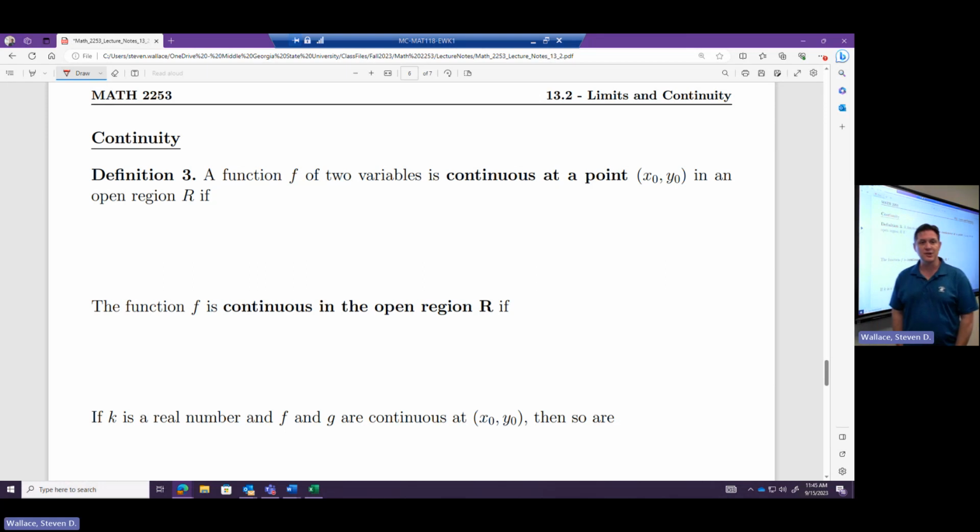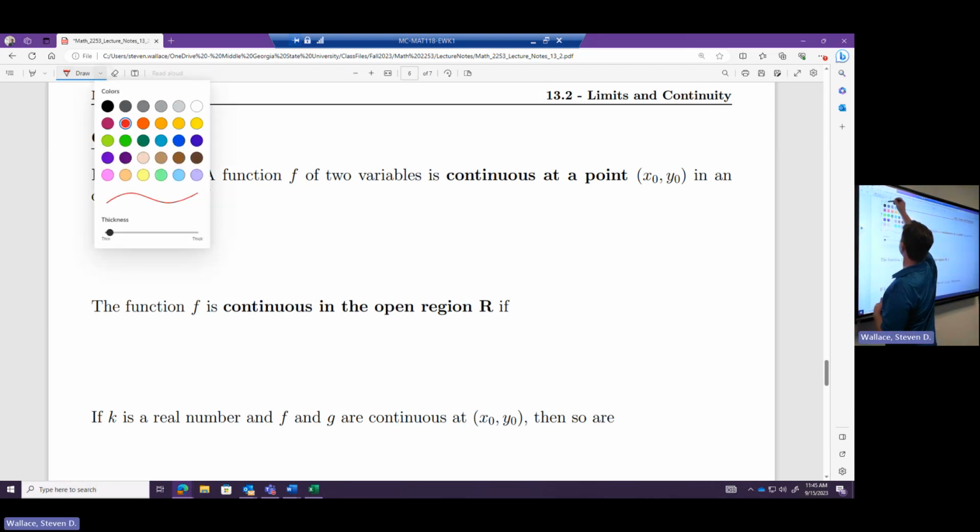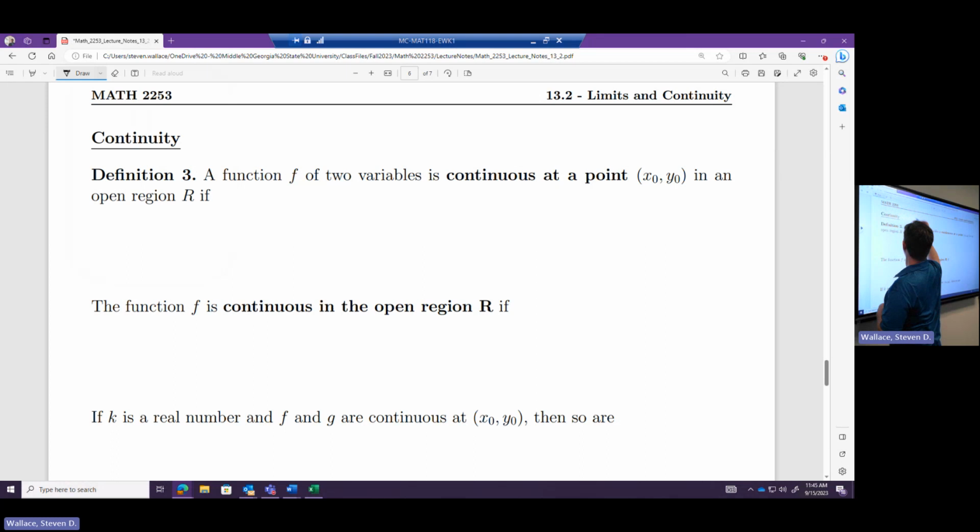So the first definition is a function of two variables is continuous at a point on an open region. Think of an open neighborhood as a region. We have that the limit not only exists but is equal to the function value.